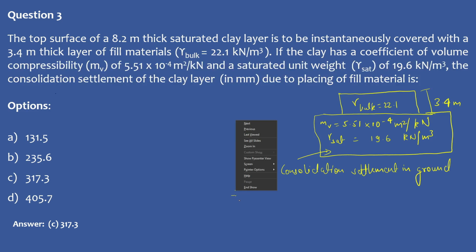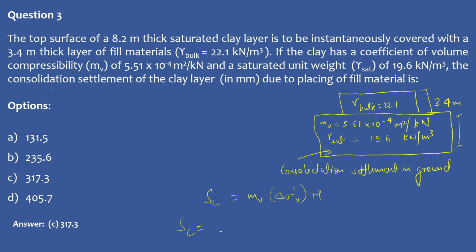So the consolidation settlement can be calculated as mv into delta sigma dash vertical into the height of the soil layer. So the volume compressibility, and whatever increase in the effective stress is happening due to the placing of the fill material, you need to evaluate the consolidation settlement like this.